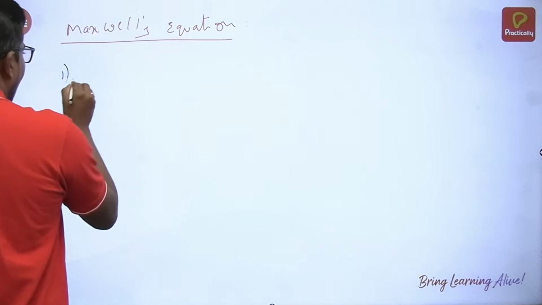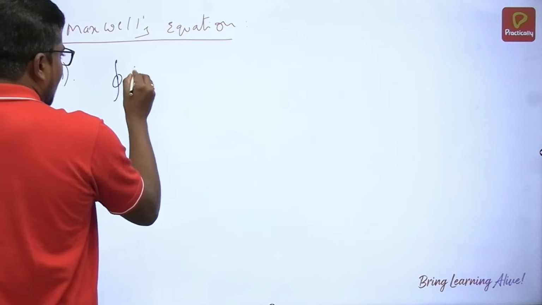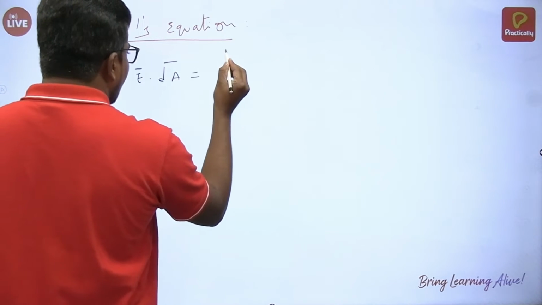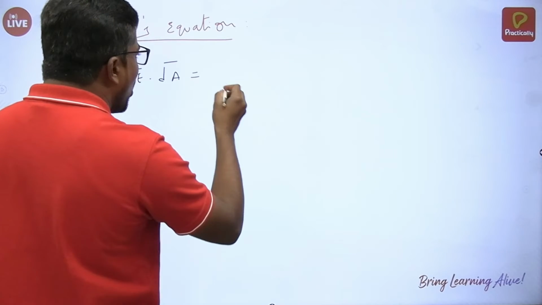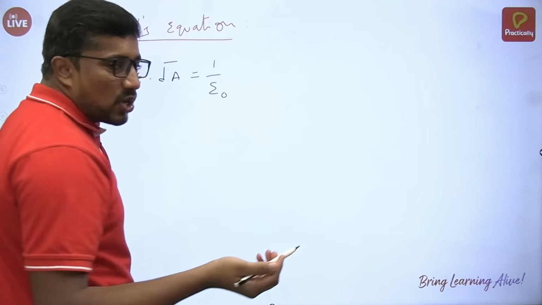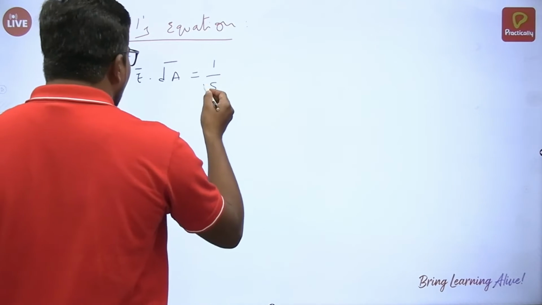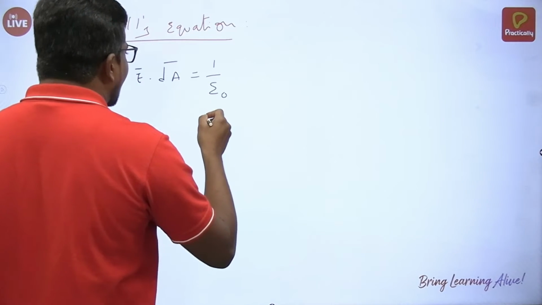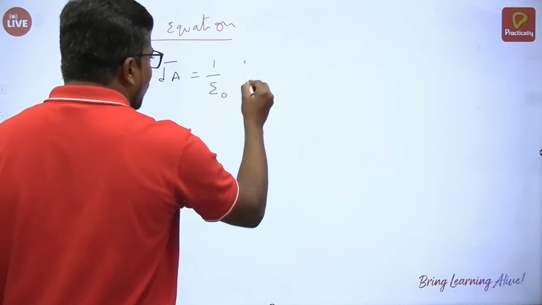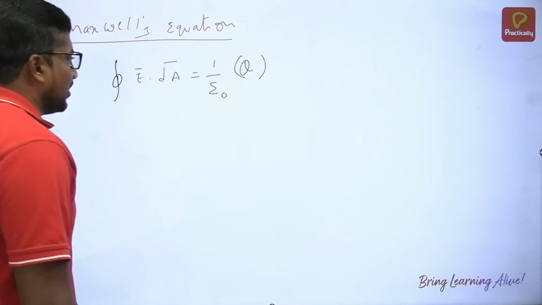First one, the closed integral of E dot dA, which means Gauss law of electricity. What is that Gauss law of electricity? The total amount of electric flux enclosed in the surface is equal to 1 by epsilon naught times the charge enclosed there.